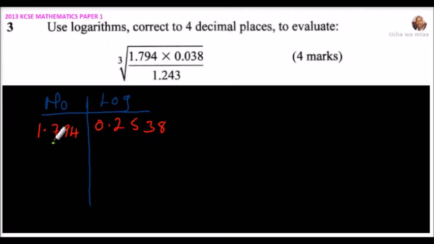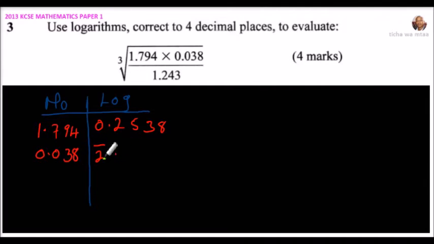That's the logarithm of 1.794. This is 0.038. We'll move the decimal two places to the right, so that will represent bar 2 point.